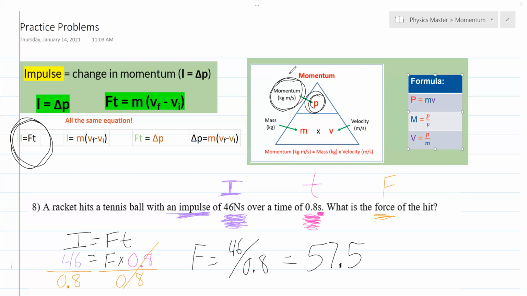We're solving for F. 57.5 N. This is why it's so important for us to know our units, guys. If I had given you some answer choices and I had given you this, you should have scratched it out because we're not solving for momentum, we're solving for force.